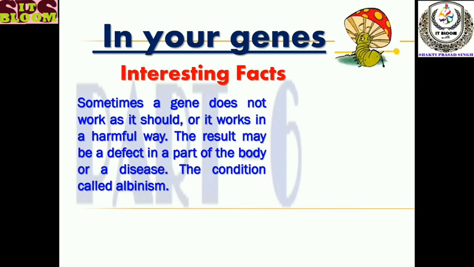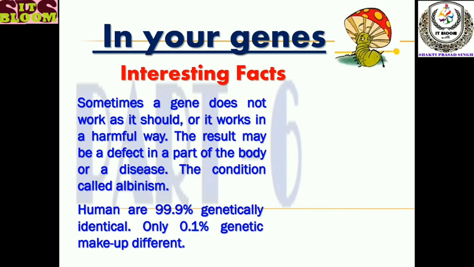The result may be a defect in a part of the body or a disease, the condition called albinism. If defective genes are reflected in the features of the living being, this type of feature is called a disease, and that condition is called albinism.